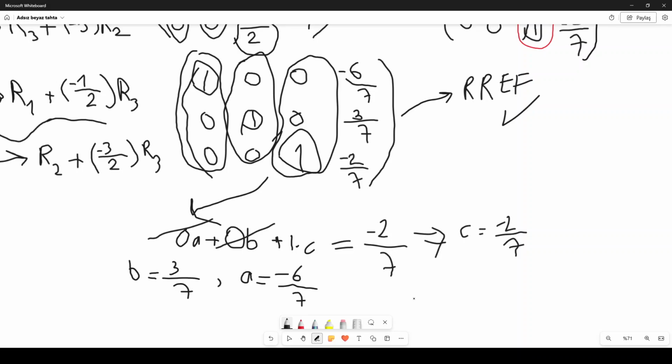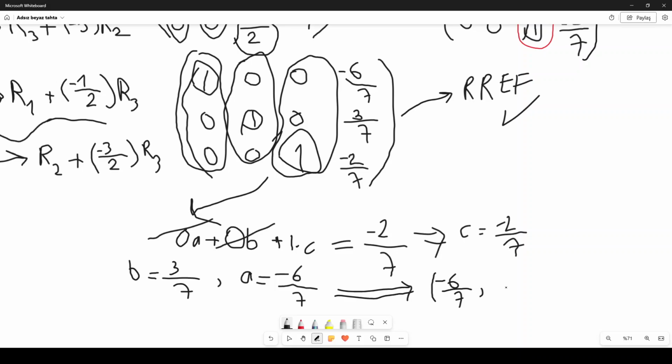And this means we found the solution. In other words, we found the 3-tuple that satisfies all the equations in this given system simultaneously. Our ABC 3-tuple is nothing but the values that we have just found, right? A is equal to minus 6 over 7.